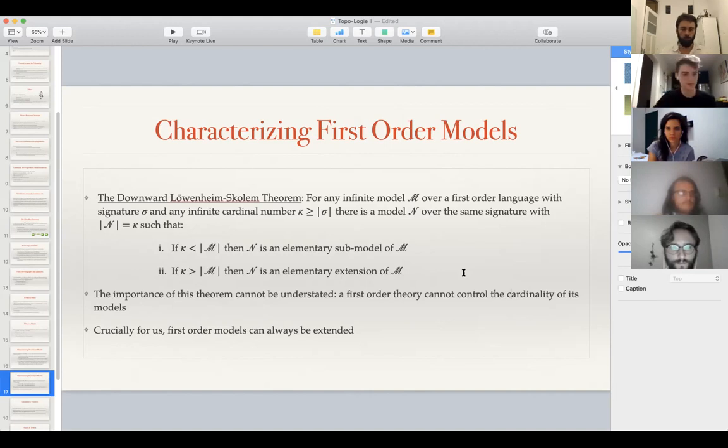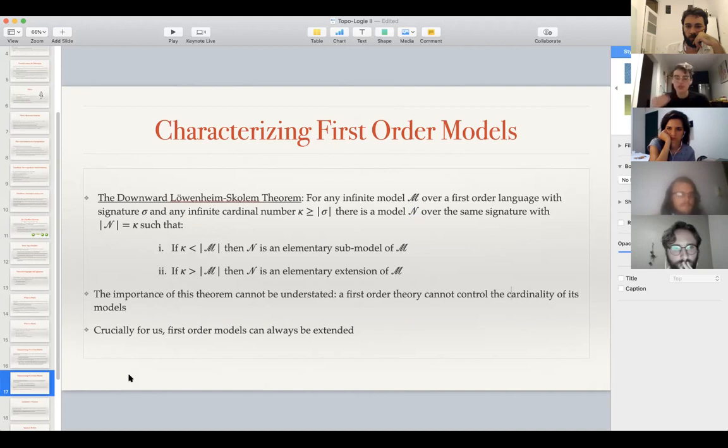Okay, but just to make sure I follow. Given a model that is infinite, for the first order language, that means I can always find a model that, if the cardinality is larger than the original one, is an extension of it. And if the cardinality is smaller, it is a submodel of it.